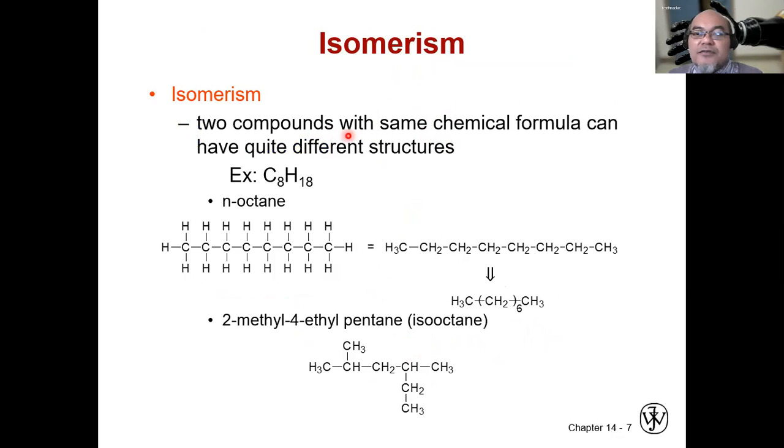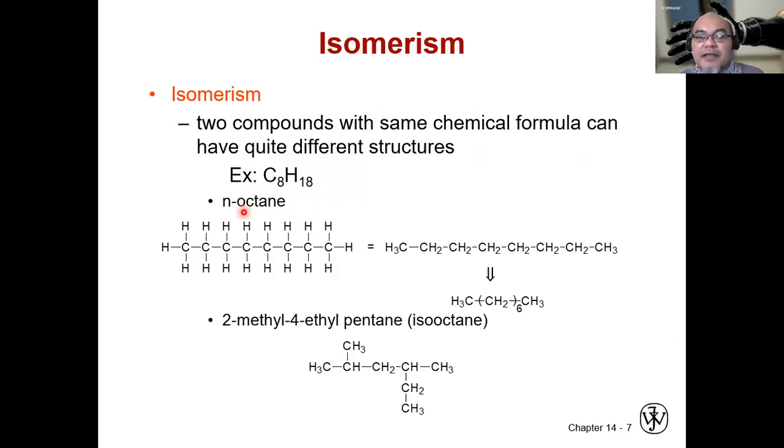In organic chemistry also we have learned about isomerism. This is where two compounds with the same chemical formula can have quite different structures. This usually can be found when we have a very large molecule with a large main chain.